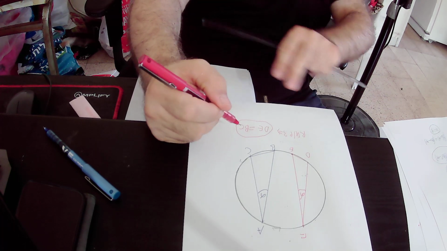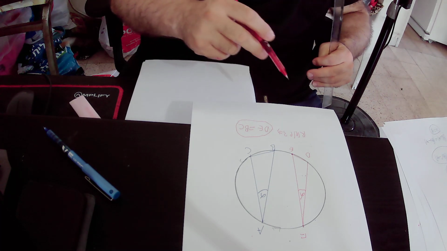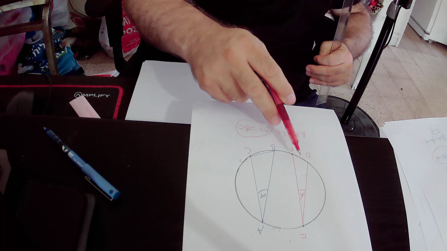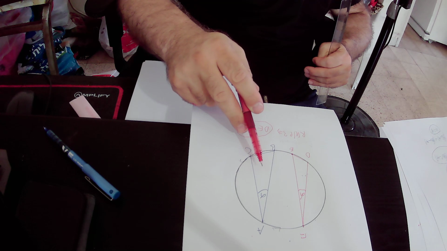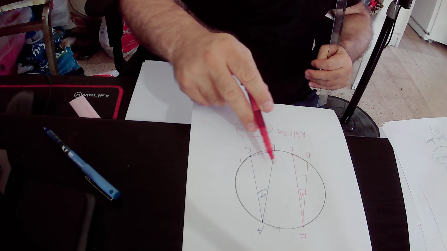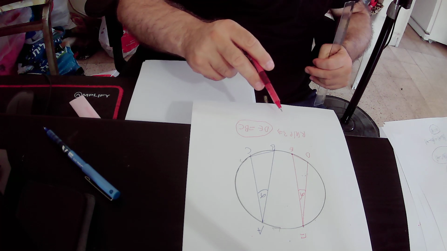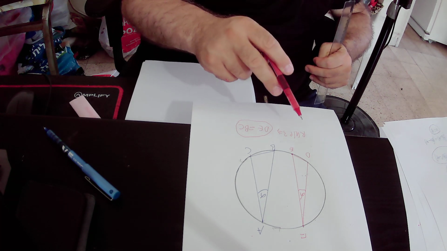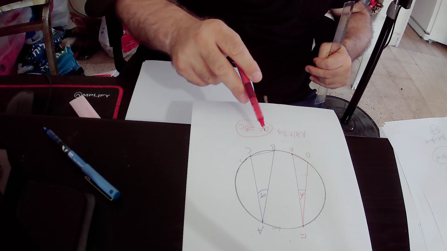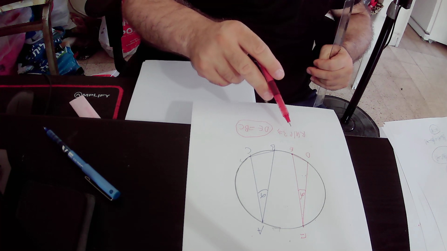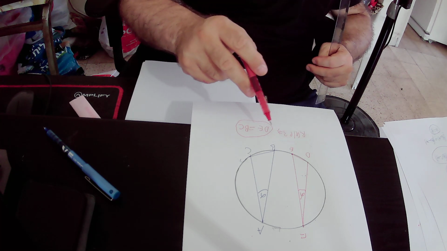Again, because those two peripheral angles equal to each other, they both equal alpha, according to rule number 3 they also rest on equal chords. That is to say, DE equals BC.